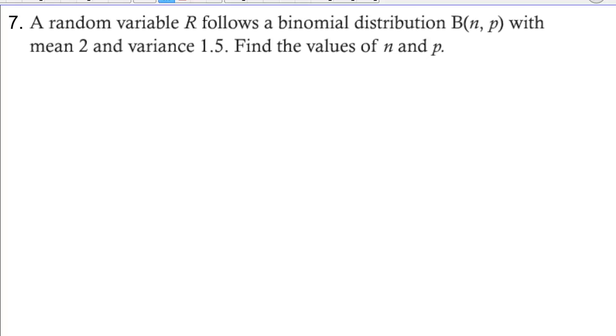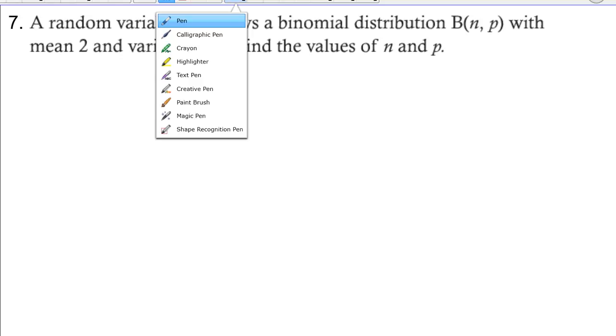All right, I'll move on to number 7. A random variable R follows a binomial distribution with parameters n and p, with mean 2 and variance 1.5. I'm just going to highlight a few things here.